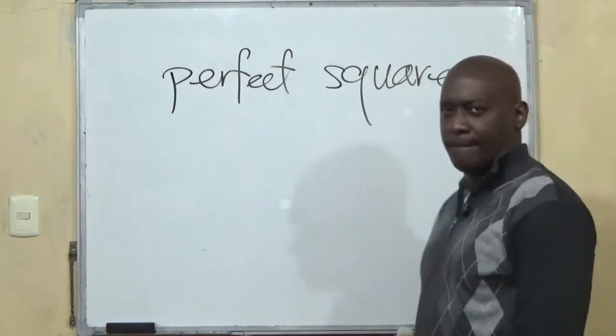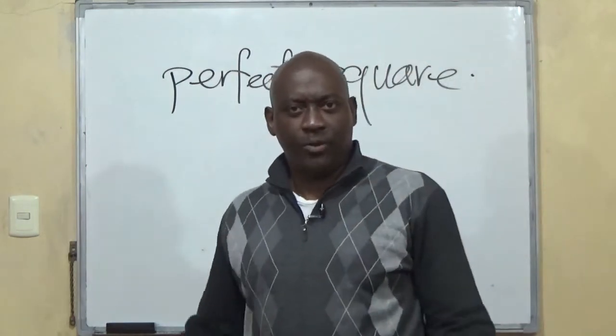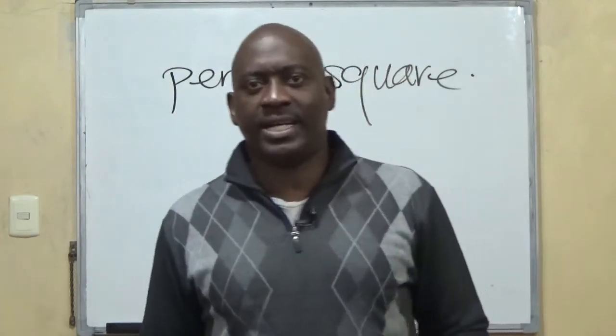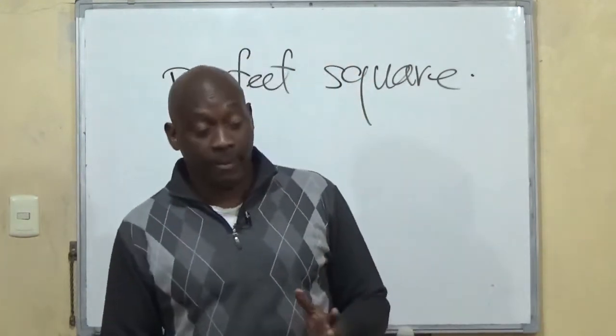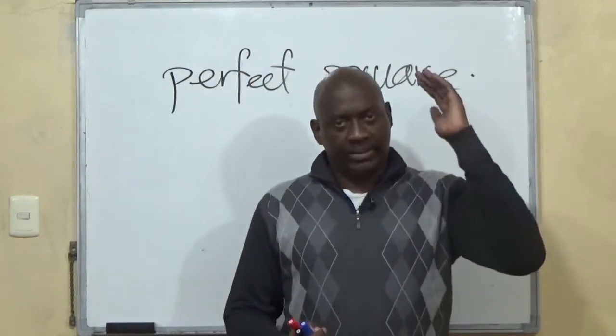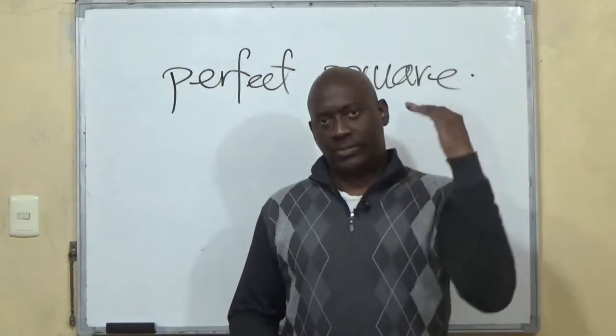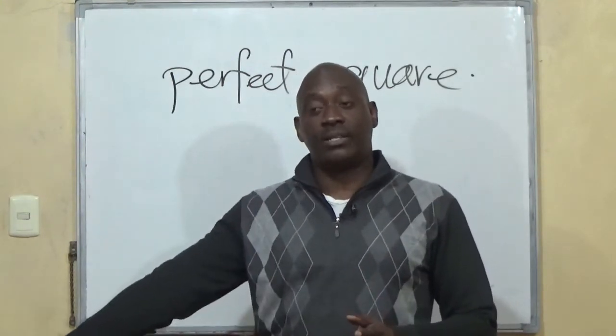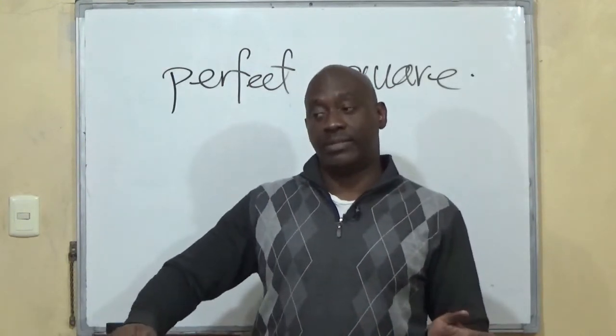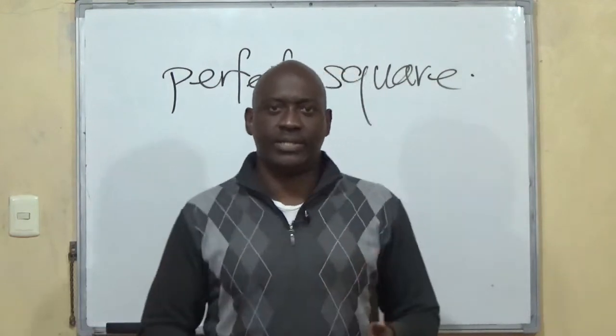Perfect square. Of course, once you're talking about perfect squares, you're talking about a different zone of numbers now. You're talking about squares and square roots. And in talking about that, we will come all the way back to irrational numbers and rational numbers. But let me deal with squares and square roots first.